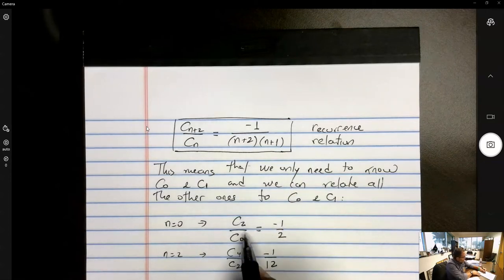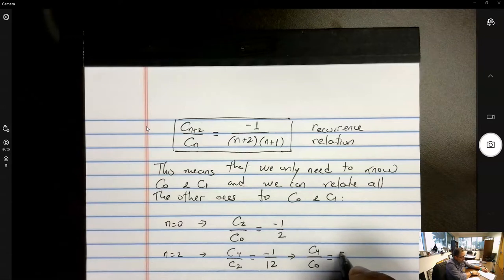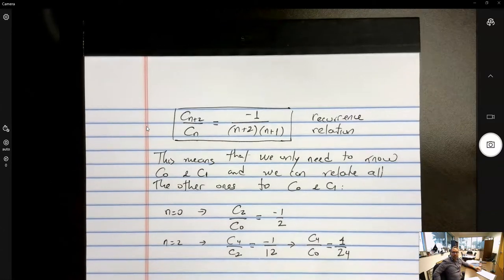And then I can take the first relationship, the one that relates C2 to C0, and replace it here, and then I will find out that C4 is related to C0, so the ratio of C4 to C0 is positive 1 over 24.